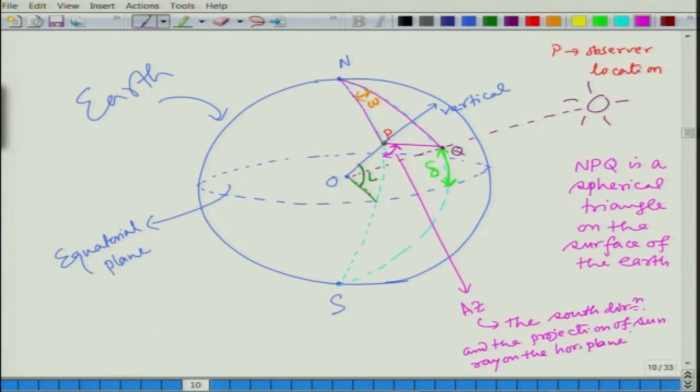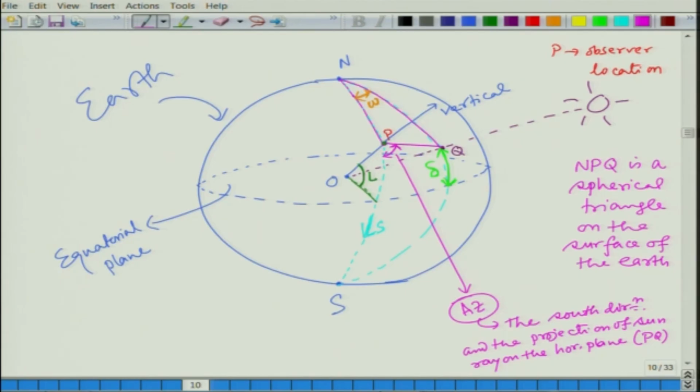So, this projection of the sun ray on the horizontal plane is nothing but your PQ. Okay. So, the PQ line is making an angle to the south direction, and can you see that this line is going to south. So, this is our south direction. Whatever angle it makes with the south direction, that is our AZ, the solar azimuth angle. Okay. So, a lot of these angles we have obtained.